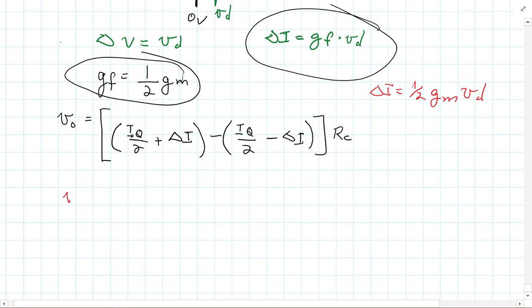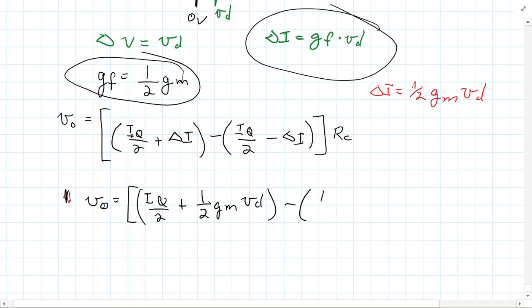So we have V out is equal to IQ over 2 plus 1/2 GM VD, because that's my delta I, minus IQ over 2 minus, well, delta I is still the same thing, 1/2 GM VD.